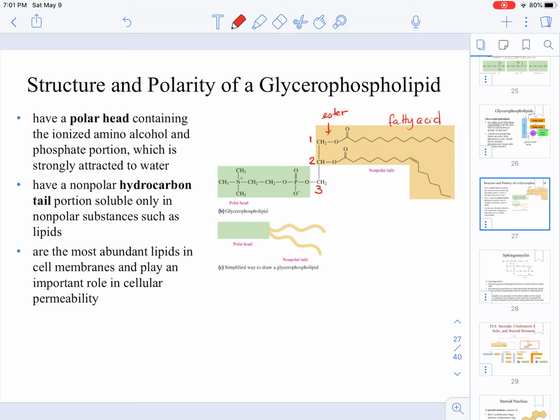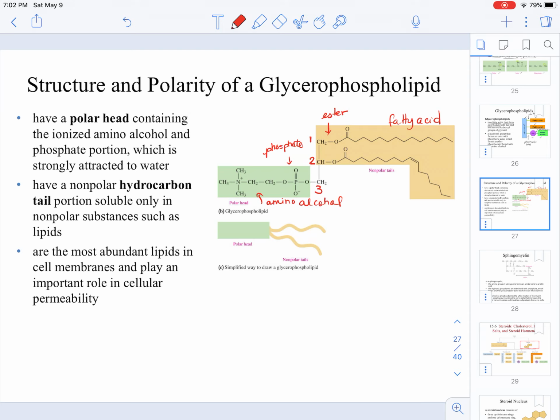Carbon 3 in the glycerol is going to be bonded to the phosphate group, making that phosphoester bond, and that is going to be bonded to the amino alcohol motif.